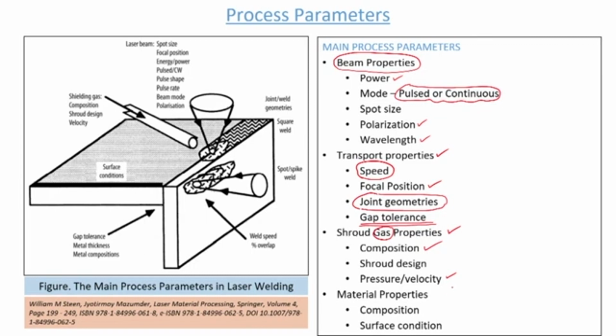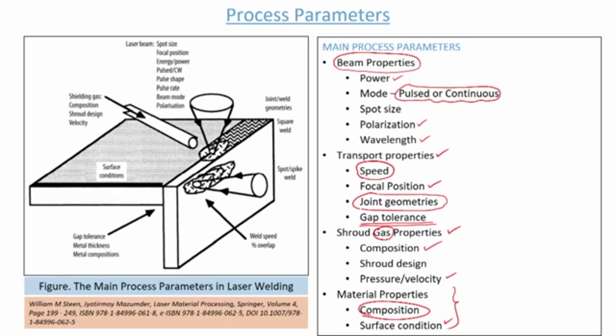As far as the material properties are concerned, the composition of the work material itself and the surface condition. If the surface condition is reflective, then certainly we will not get the proper welding operation. Composition means the alloying elements and their effects, because the alloying elements control the thermal conductivity of the work parts. So, it decides whether the conduction mode of heat transfer, or the conduction based laser welding, is able to generate the required weld or not.